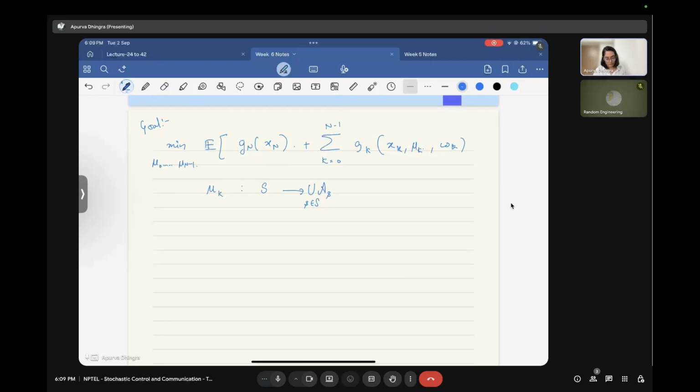So it means that we'd start from some state xk, and the policy would give us what should be the next action, uk. And these types of policies were called Markov policies, where the policy would be all of these, mu 0 till mu n minus 1 here. This is Markov.